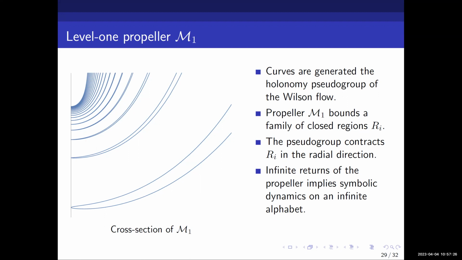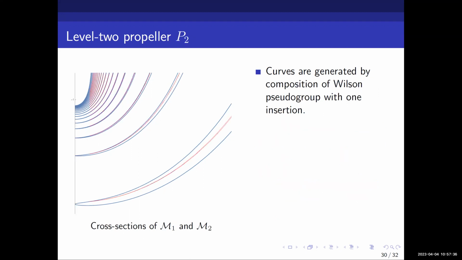Now, if you follow each one through the insertion and then flow that, so again, it's coming out the base of the plug in the quotient, which is identified to this region, now you get some nesting. Each of the images is now nested inside the next. And I'm only showing one of these.